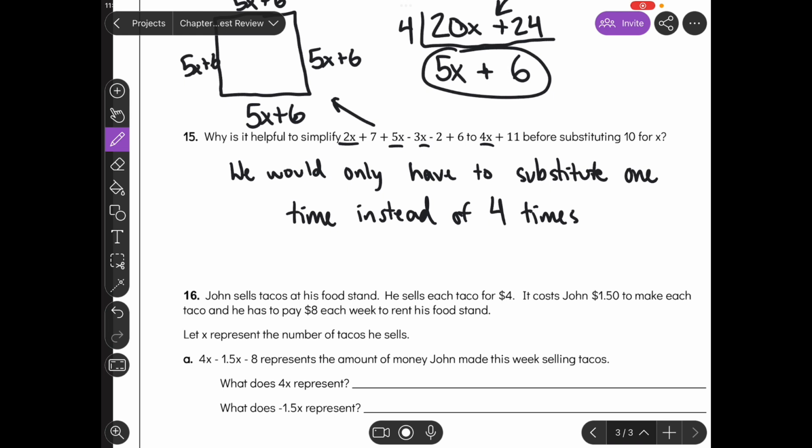Right, if I simplify everything down, combine all my like terms, I'm only going to be really dealing with one term with a variable and one constant, right? I would combine 7, -2, and 6. So, to make this simply put, we would only have to substitute one time instead of 4 times.